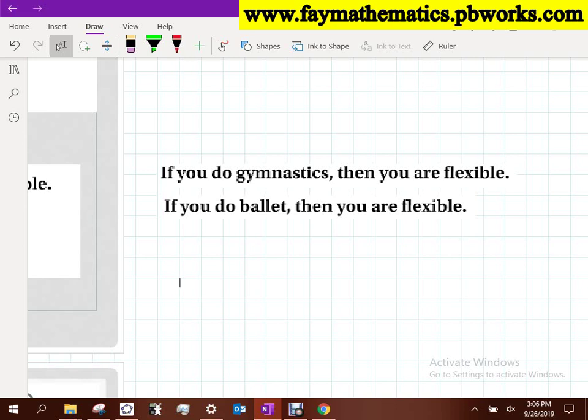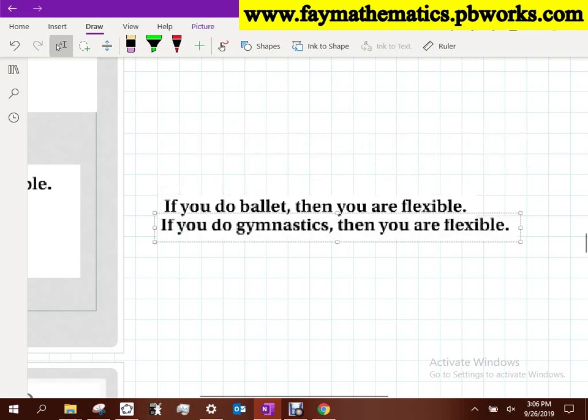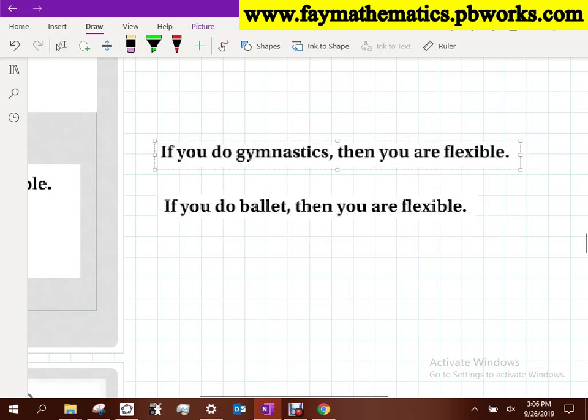But here, when we're looking at any statements, we don't know if this one came first or second. Does that make sense? Okay? Because they're both true, it doesn't matter which one came first or second. So when somebody's asking, can you take these two true statements and come up with a third phrase that is also true, you're going to highlight that conclusion and that hypothesis, and you're going to see if they match.